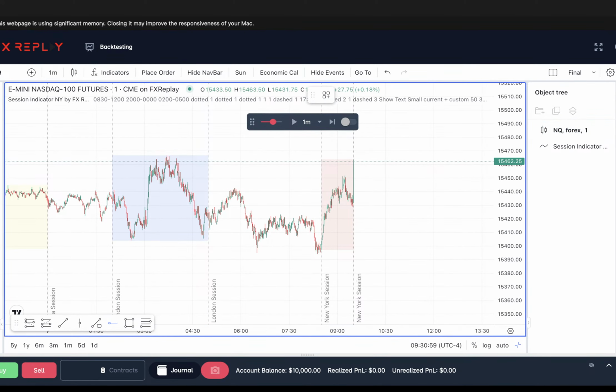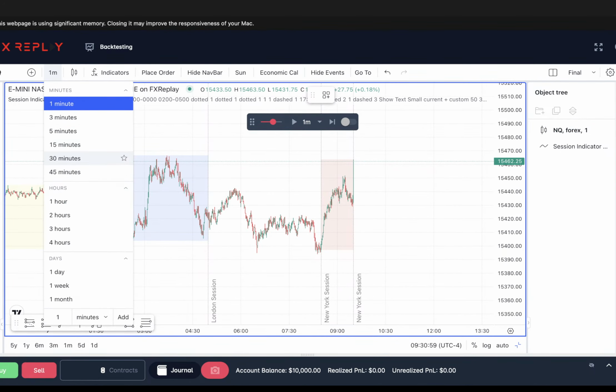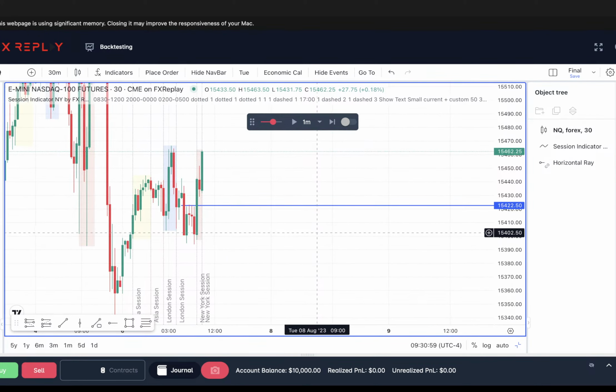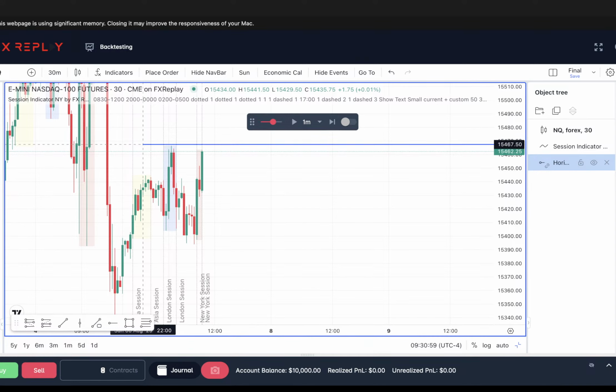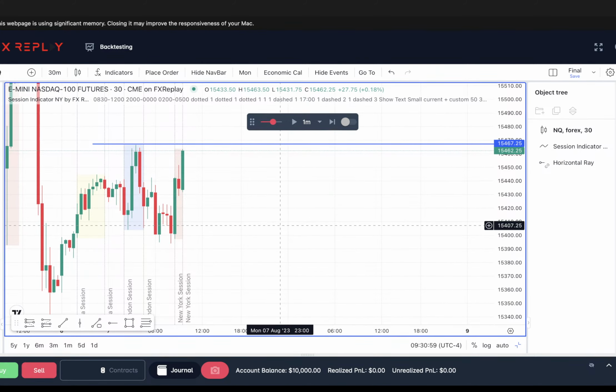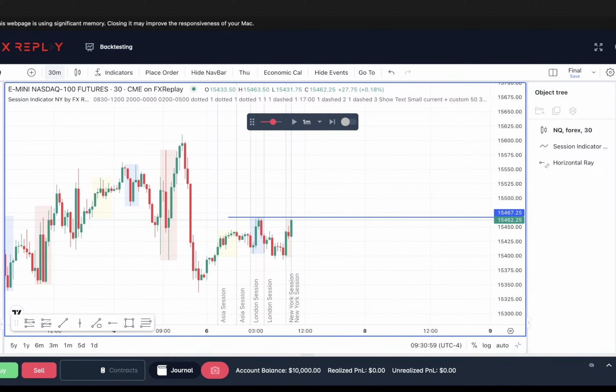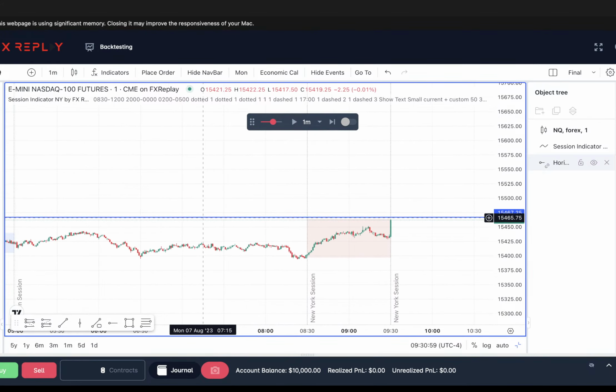Liquidity. Well, first of all, let's go to the 30-minute. We're almost there. So you would really just wait for that liquidity sweep at that point, and then see if it wants to go higher. Just go to the 1 minute already.